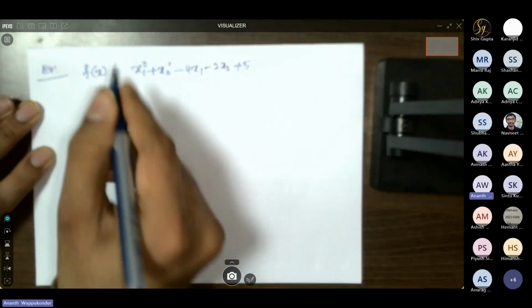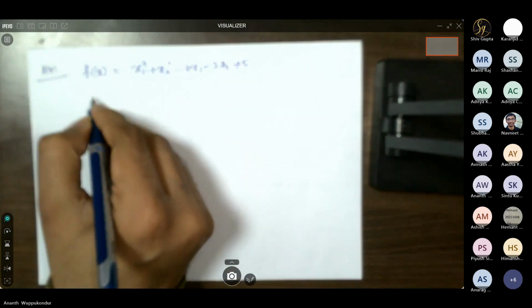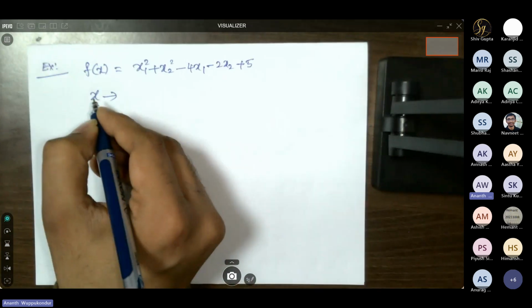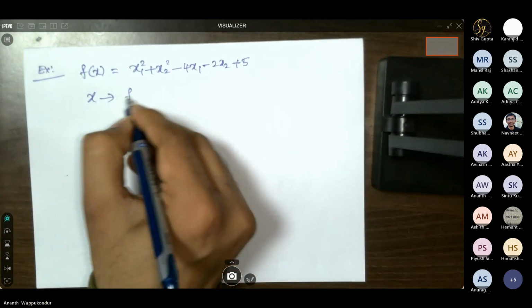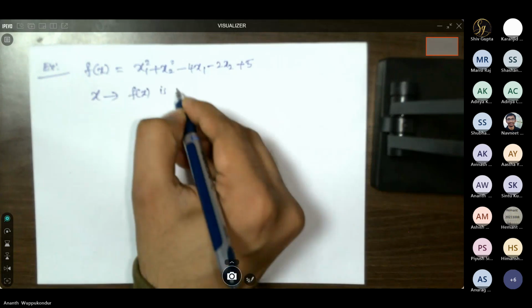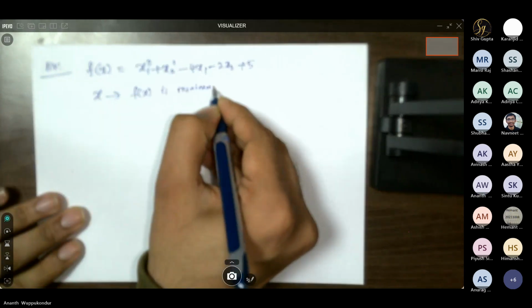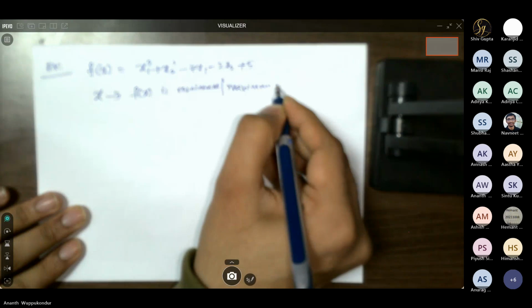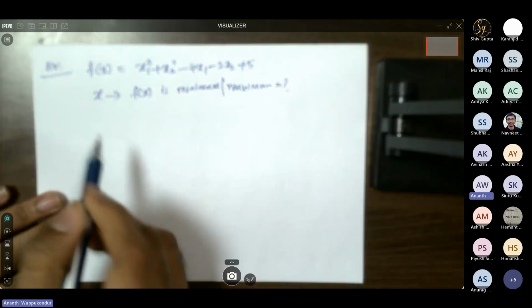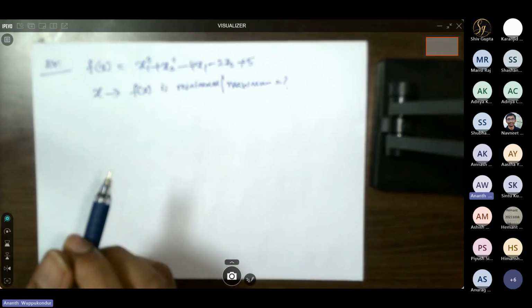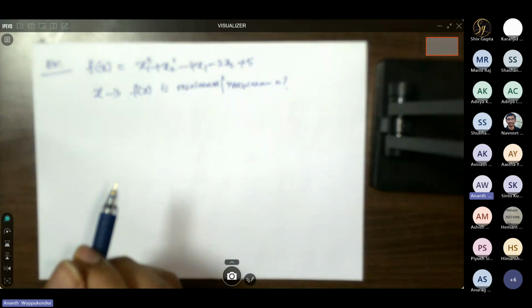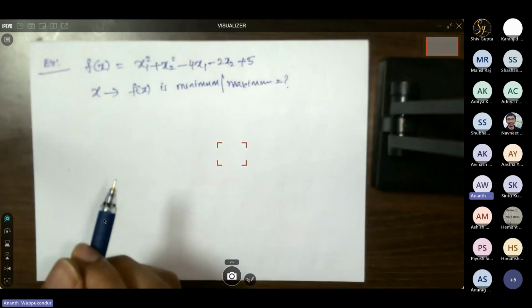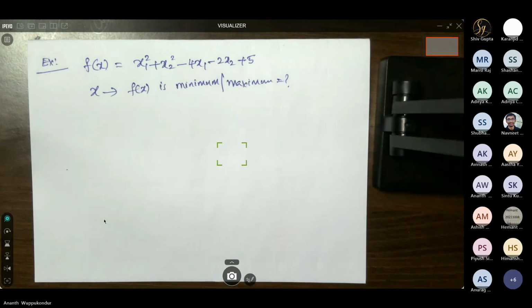And I want to find out what is x at which f of x is either minimum or maximum. So can you solve this example?